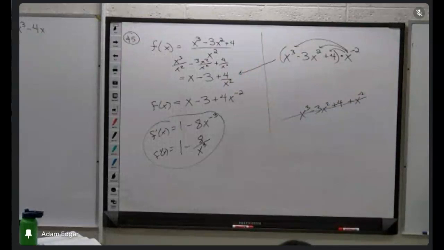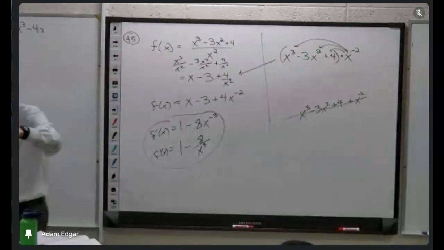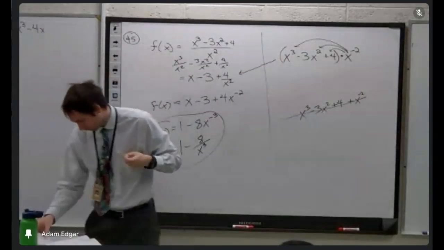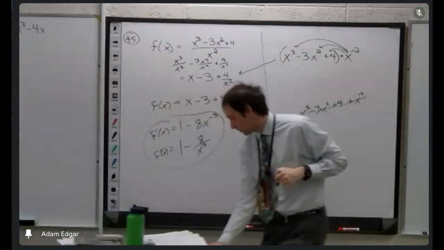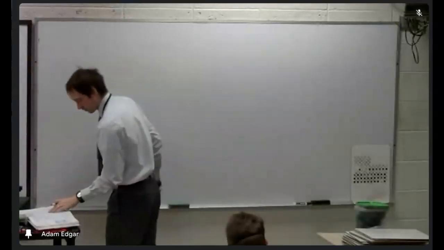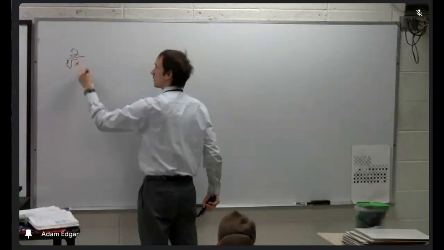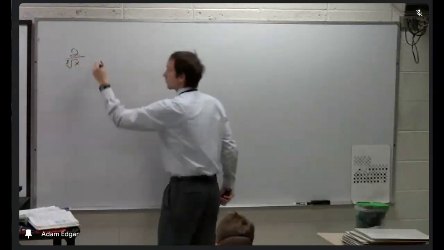Anything else? Yes. 54. All right. So 54, we have 2 over cube root of x plus 3 cosine x.